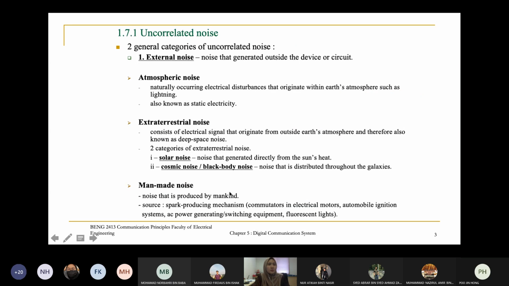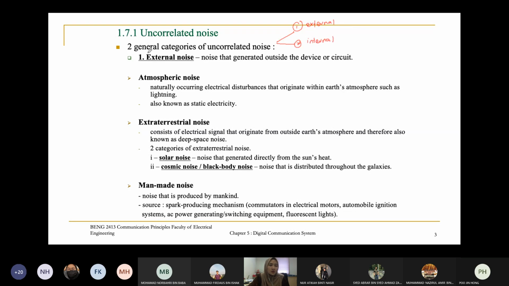And then the uncorrelated noise, we can further divide into two. The first one is external noise. The second one is internal noise.